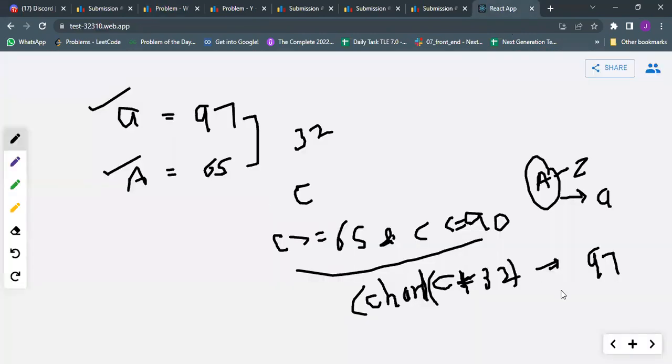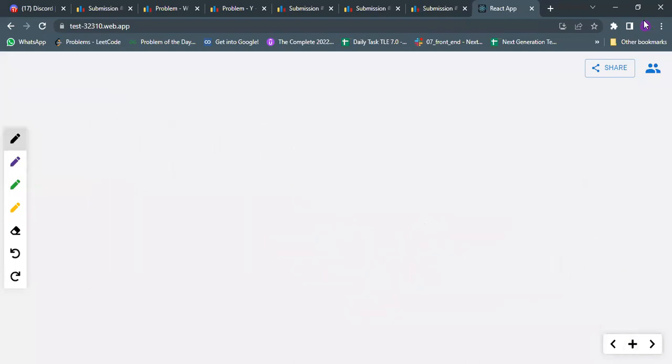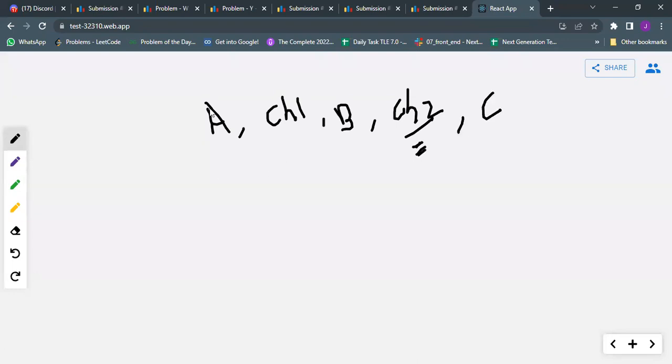So approach is like this. So let's say you are given A, and there will be a character, let's say CH1, then B, then CH2. This will be always equal to character, okay, and then C. So you will take input first. These three are integers, A, B, C, and these three are characters.